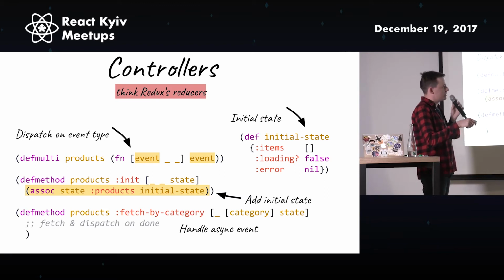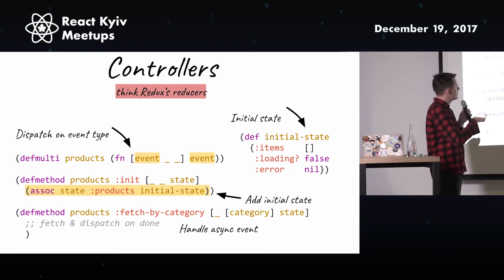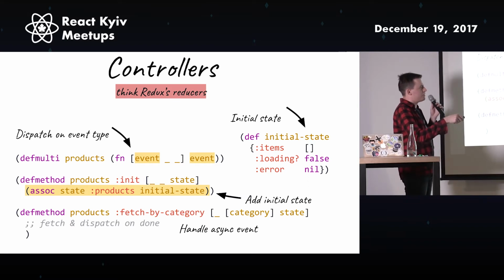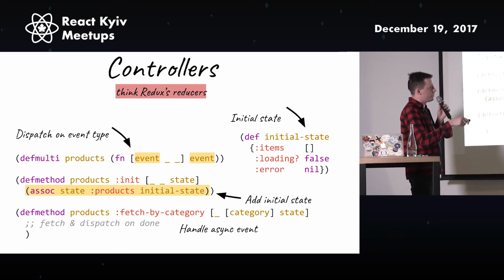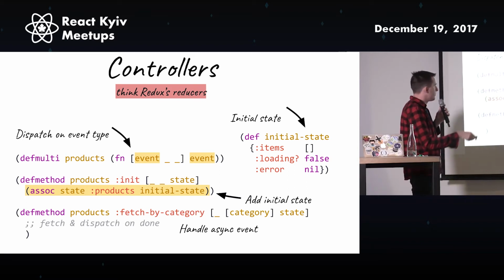So we have an initial state for the controller, which is a hash map. For example, it's a controller which handles products in the app. So we have an initial state with all the products, loading false for when we want, for example, to show a spinner or something, and error.